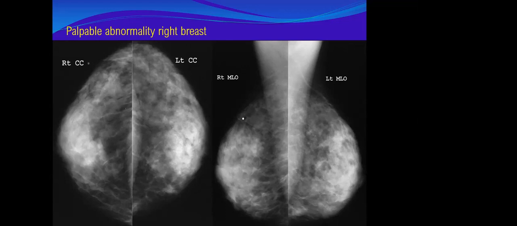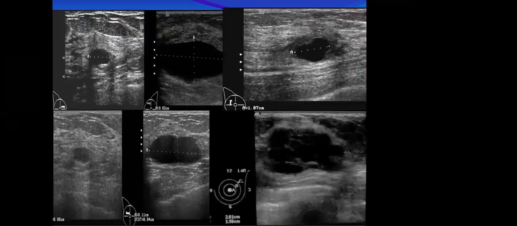And being there is a palpable abnormality, what should be next? Ultrasound. Yes, I should go for ultrasound and target the area of palpable abnormality. What about the ultrasound? So there are multiple cysts.